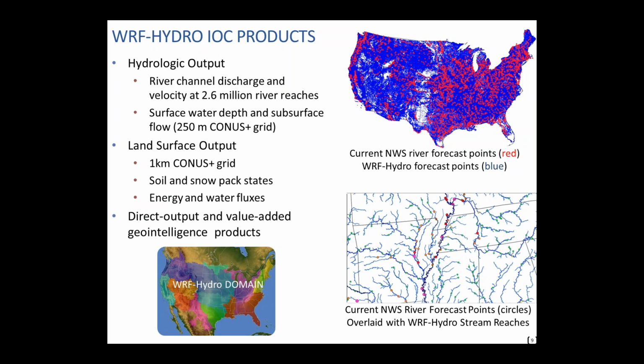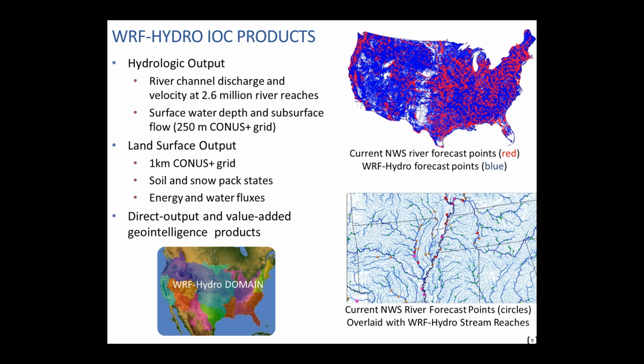Basically, there are about 2.6 million of those blue points there, and you would be able to click on any one of them and call back quantities like streamflow, stream velocity, and some derived products as well. So we see this really complementing the existing coverage of the weather service points, really filling in the areas where we're lacking information right now.